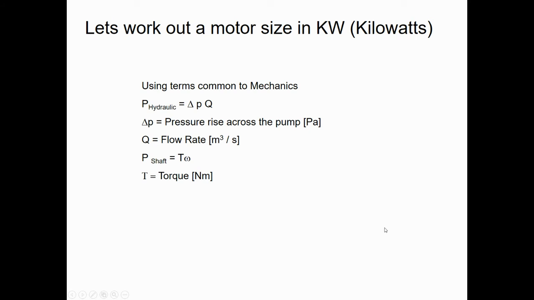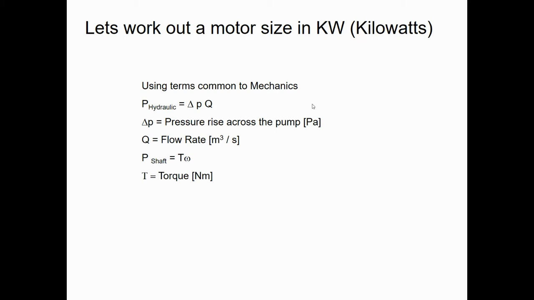Let's work on this example regarding the power required to run the motor. The data we have are the following. We're using the common terms of mechanics, where the hydraulic power is equal to delta P, the pressure difference, multiplied by Q, which is the flow rate.